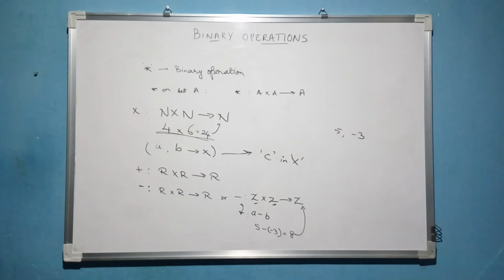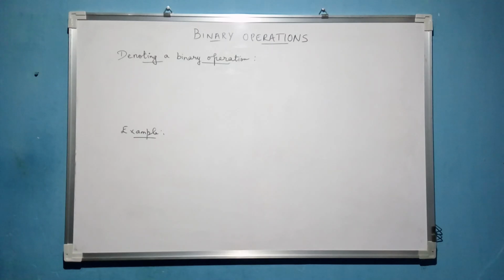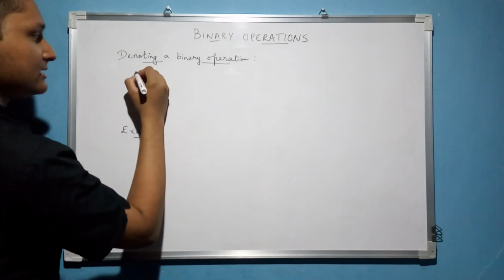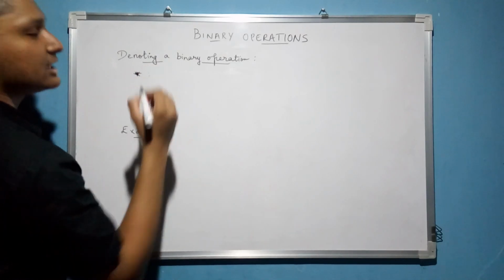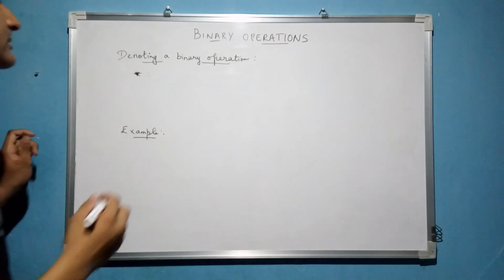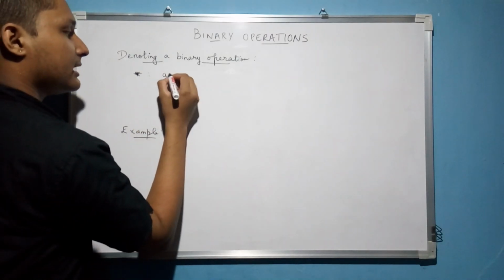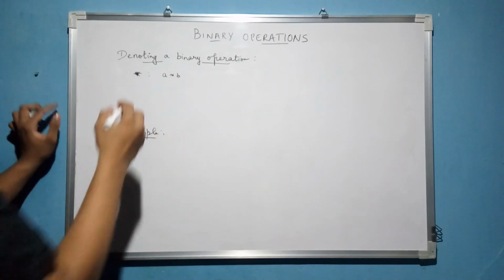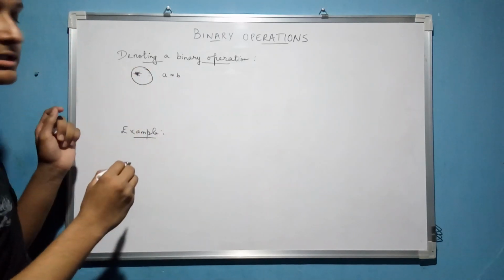Right? Now we'll see some more examples so that we get it clear what is the meaning of the words binary operations. Here we are going to learn how to denote a binary operation. Say star is a binary operation. This is star, and generally we denote it like this. So if it is A star B, I'm considering this as a binary function in this case.